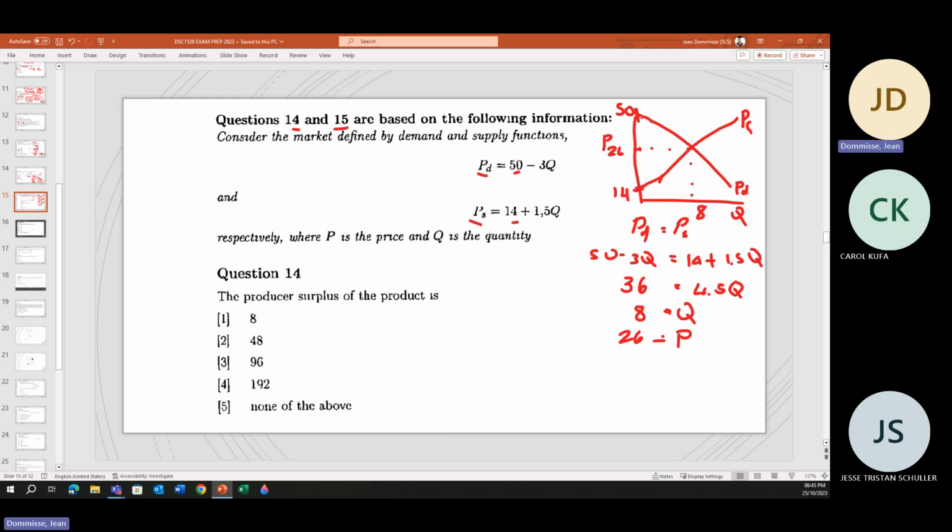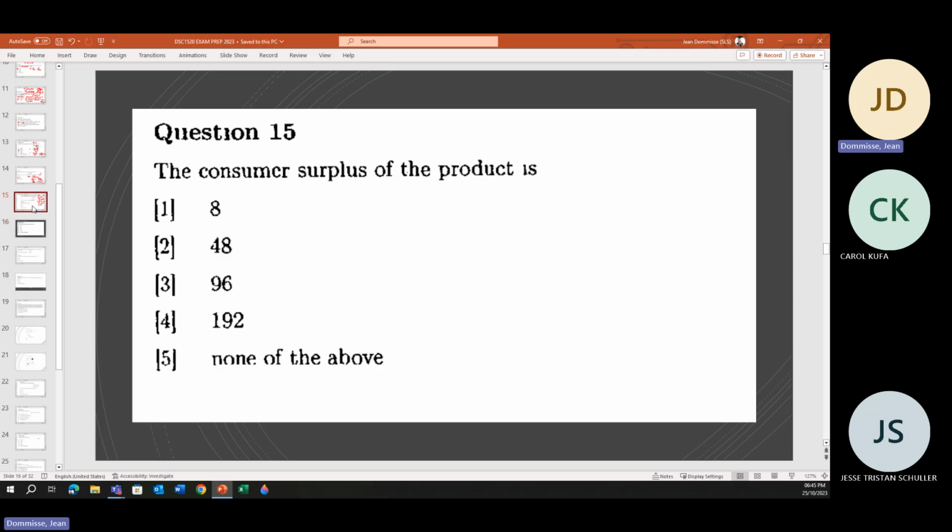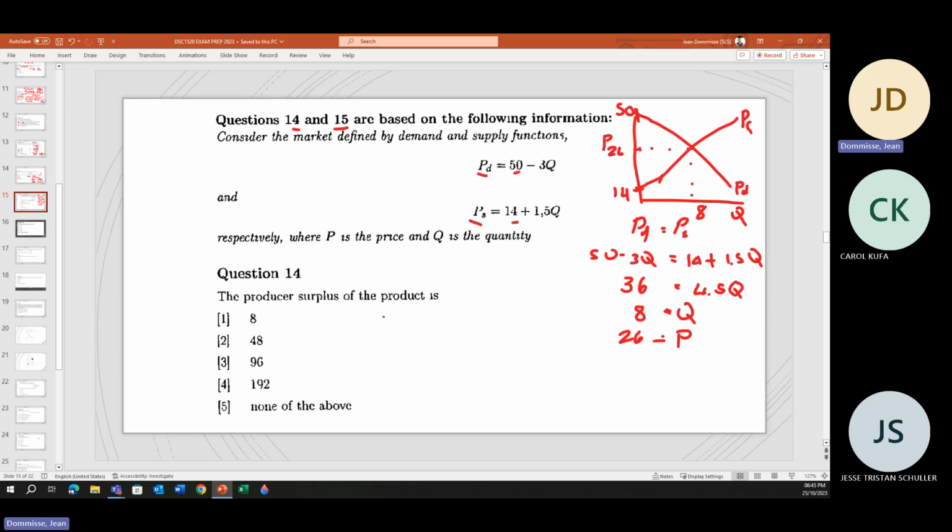Okay, so then you can work out your producer surplus, you can work out your consumer surplus that we will do in the next one. But so your producer surplus is half base times height. So it's a half base, we know it's 8.